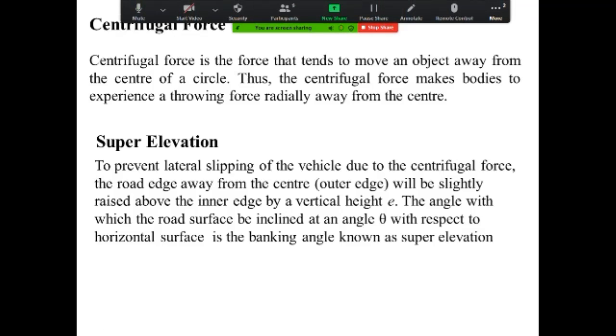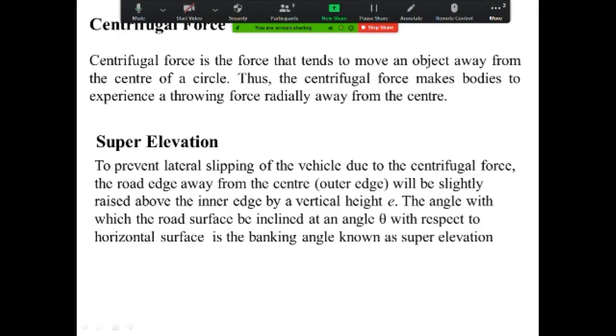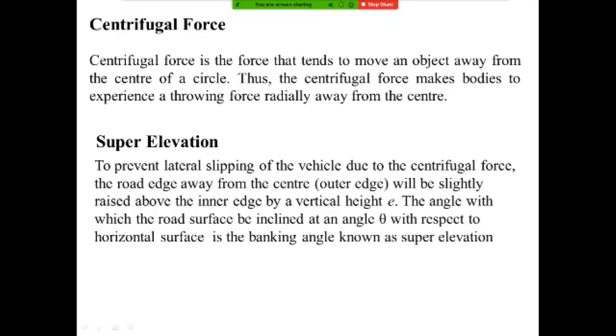Okay. Centrifugal force is the force that tends to move an object away from the center of the circle. Thus, centrifugal force makes a body experience a throwing force radially away from the center.